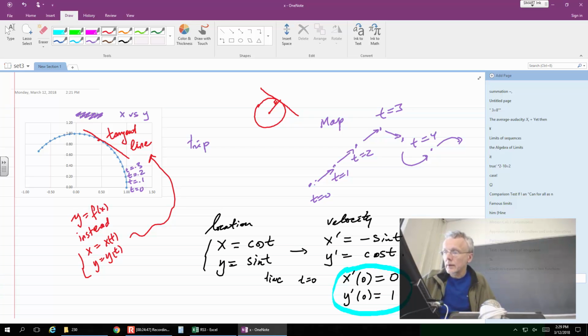Well, here's the point. t equal to 0 is here. We look at the graph and ask ourselves, what is that algebra on the right? What does it tell us, or what is recognizable about it on the graph on the left? x prime is equal to 0, y prime is equal to 1. What does it tell you about the motion? What's the direction of the motion?